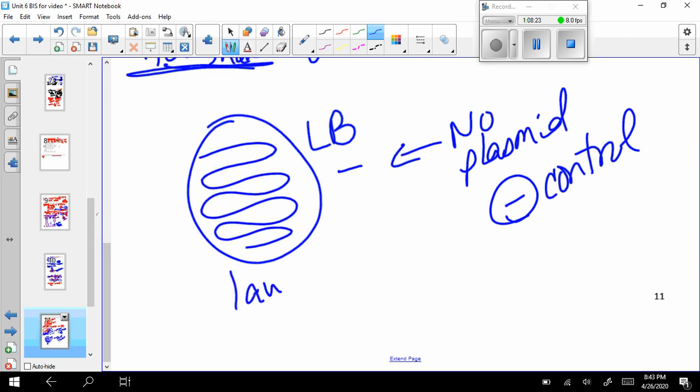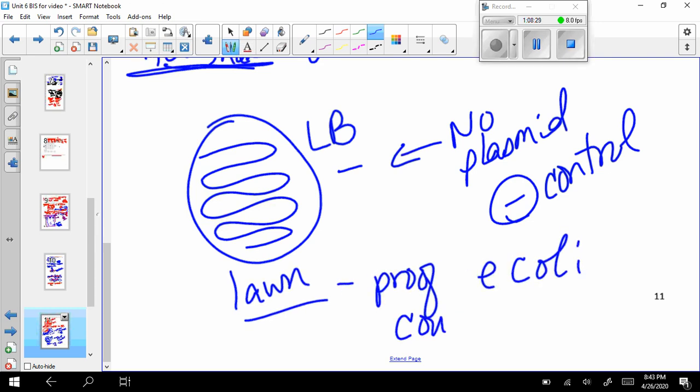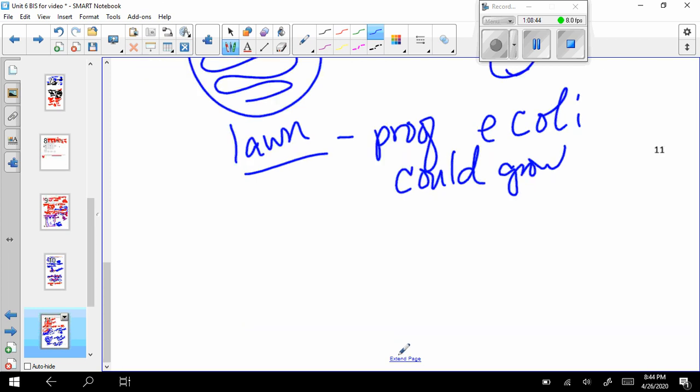So we ended up seeing a lawn. So this was proof that our E. coli could grow under our conditions. We had a great incubator, we had a great setup, we had great Luria broth. You can't go back and say, you know what, our incubator wasn't good. This was proof that we had a good situation, and that's what you use a negative control for.